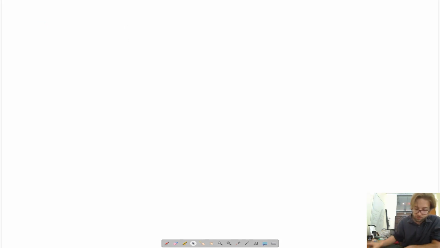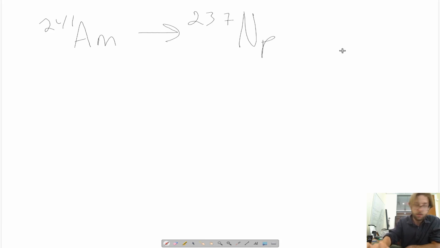So, americium-241 will decay into neptunium-237 plus an alpha particle. And this is used to complete a circuit.